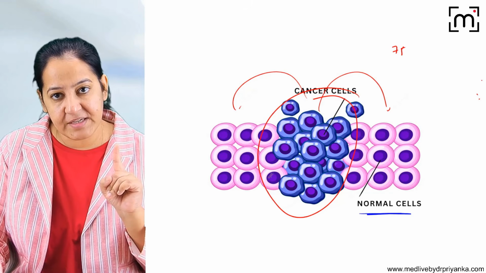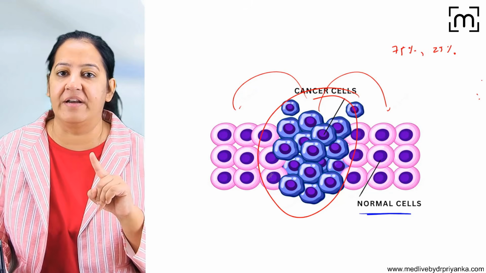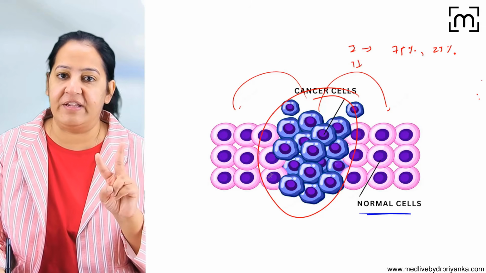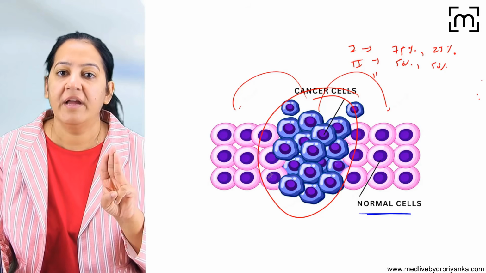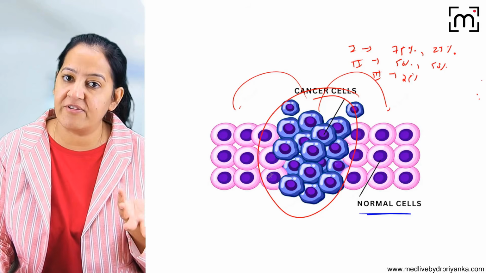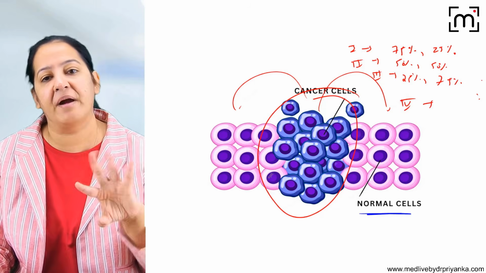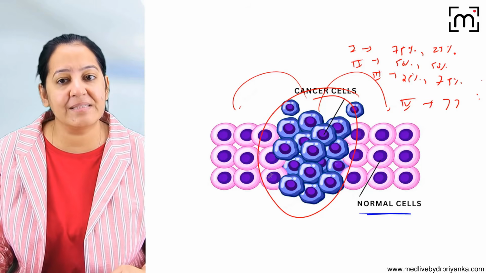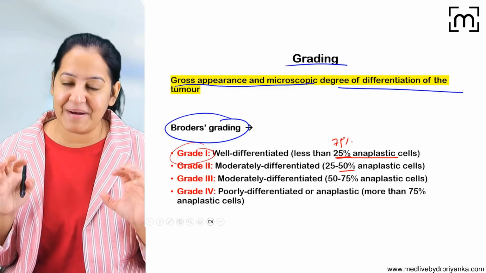If 75% are resembling and 25% are anaplastic, it is grade 1. If 50% are resembling and 50% are anaplastic, it is grade 2. In grade 3, only 25% are resembling, but 75% are different. And in grade 4, the maximum are different, more than 75% are anaplastic. This is Broder's grading system. That depends on the microscopy.